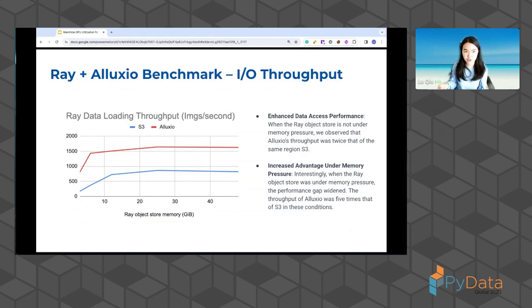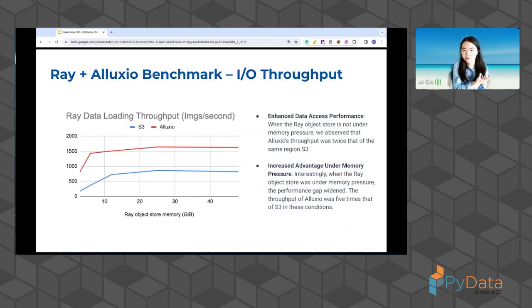For example, if your storage is a remote S3 bucket, or an on-prem storage system in another region, it may provide much more benefit. And this is actually one of the worst scenarios that we can compare with: caching using Alluxio versus the same region S3.